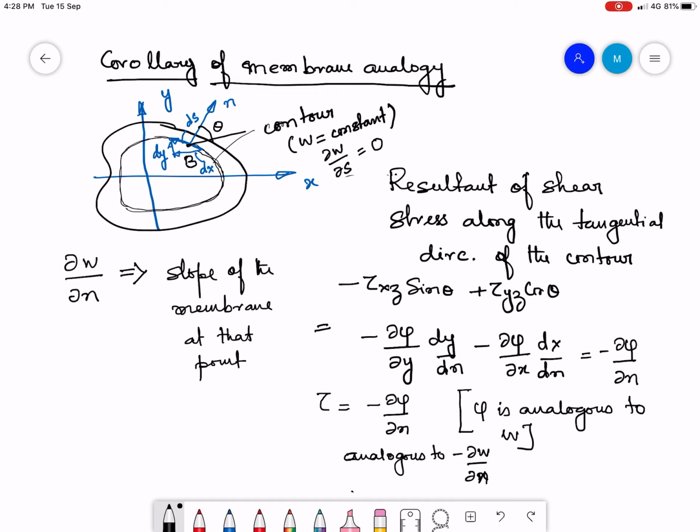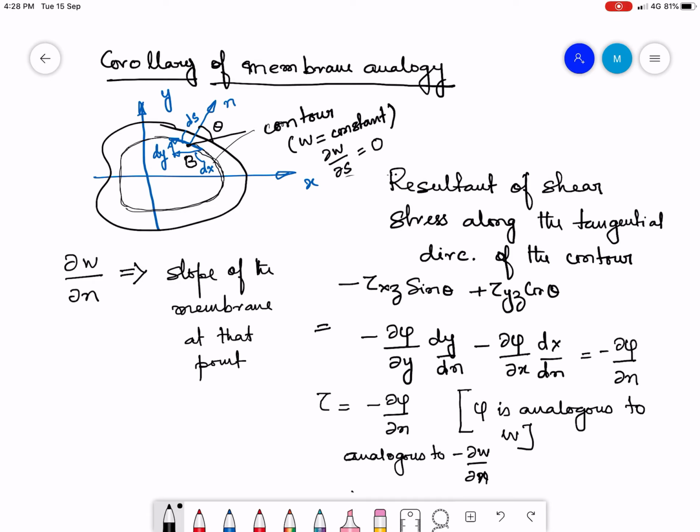So, you can always visualize the membrane and its deformed shape. Once you visualize the deformed shape of the membrane, you can visualize at what point the membrane is going to have the maximum slope, right.